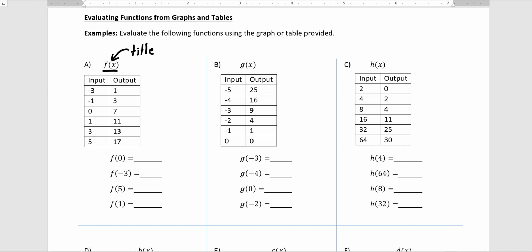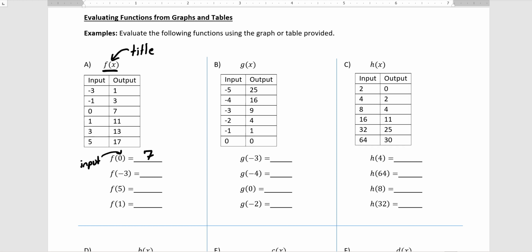So looking at letter A here, f of 0. Okay, so 0, remember, is my input. So I'm going to find where 0 is listed under inputs right here. What output is related to it? 7. So that tells me that f of 0 equals 7. And that's all we're doing.